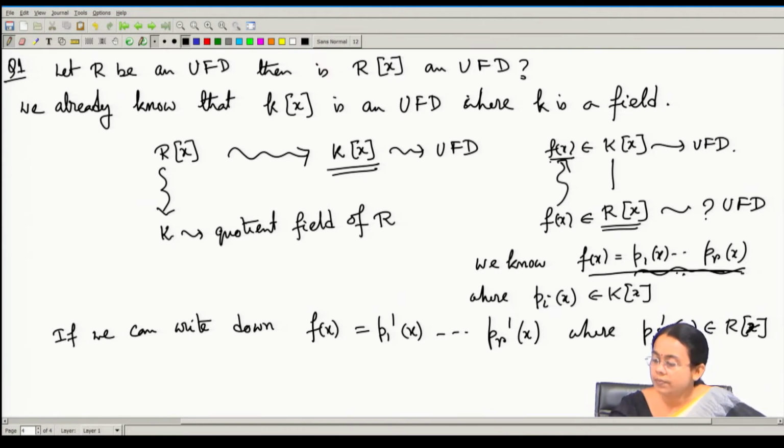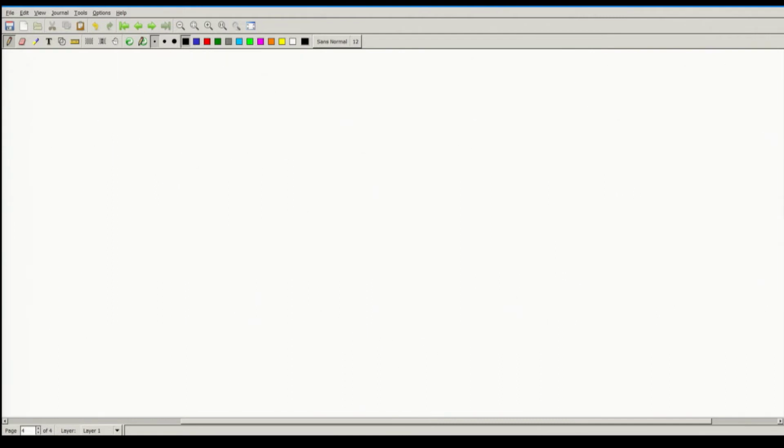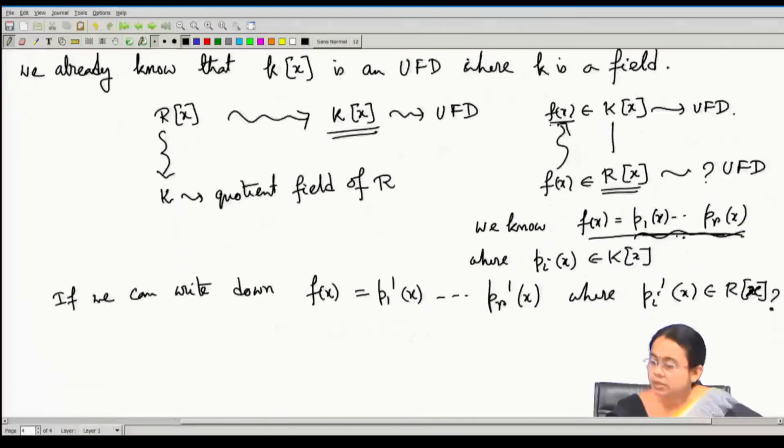If it is possible, that is one question, and then whether this can be done in a unique way or not, that is another question. So, all these questions are there. But we have to find a way by which we can start from a factorization in K[x], and then get down to a factorization in R[x].